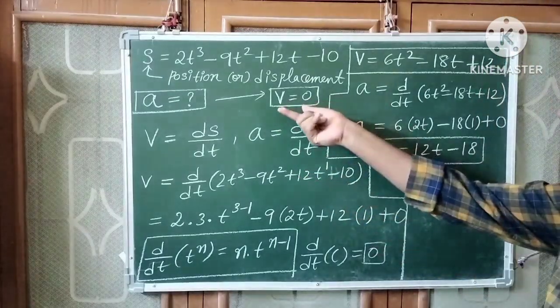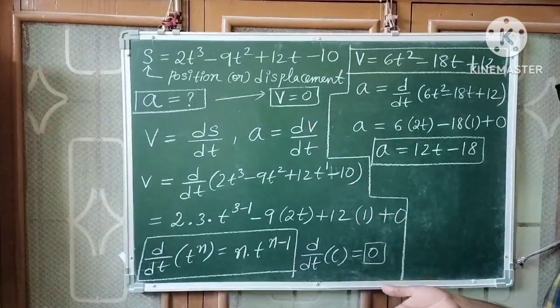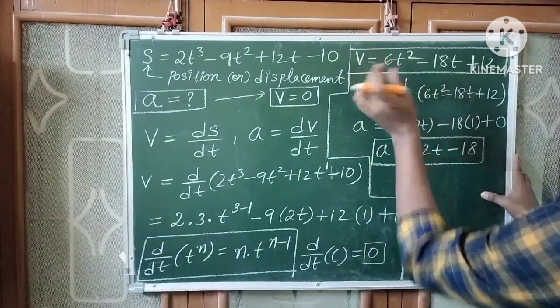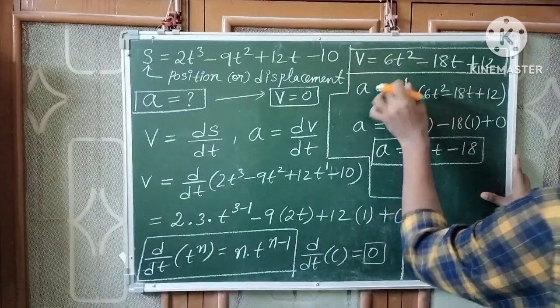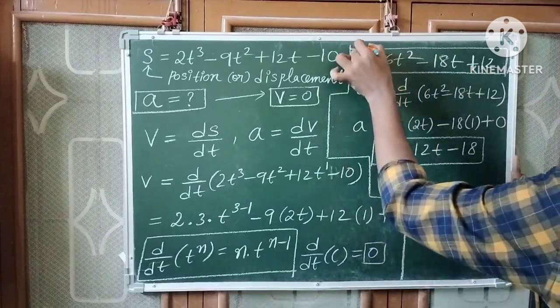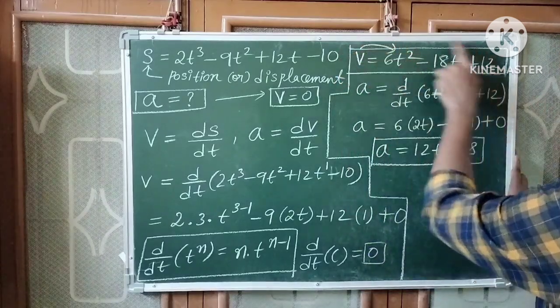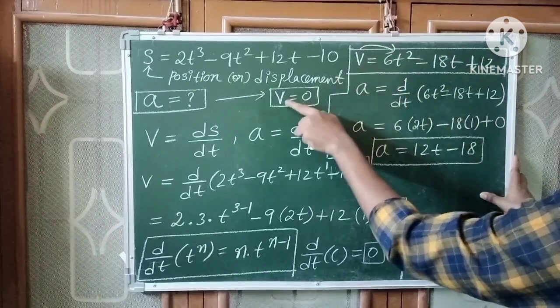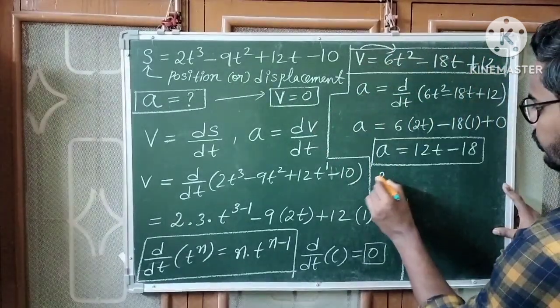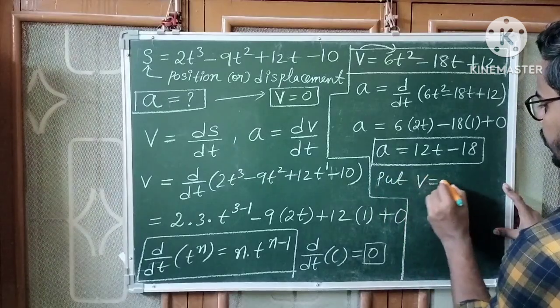To find the time at which velocity of the particle is 0, equate. Already we have a relation for velocity in terms of t. Velocity of particle is 0 only when this expression is equal to 0. Put v equal to 0.